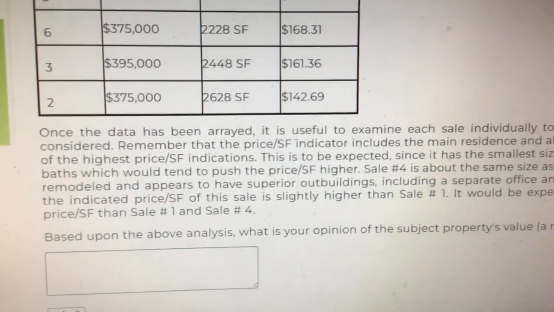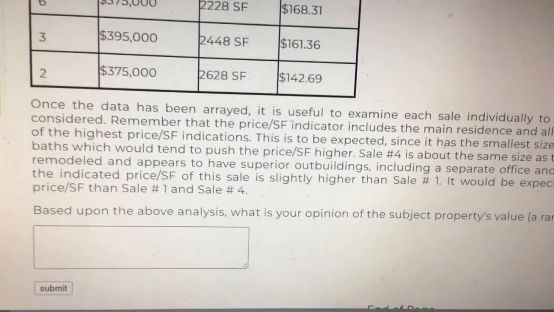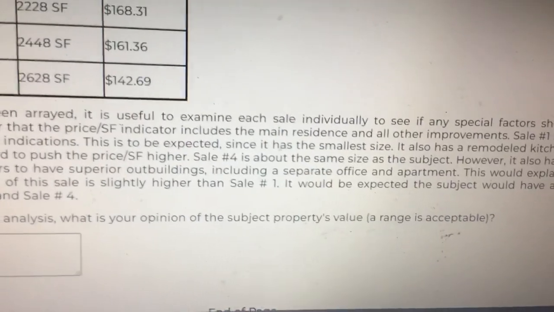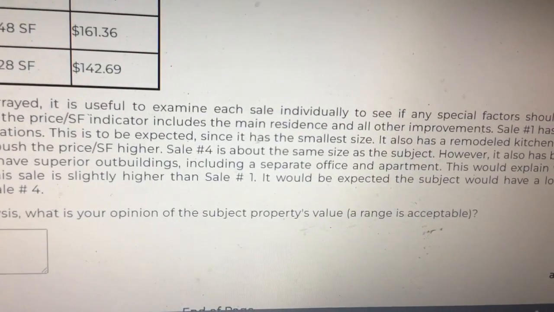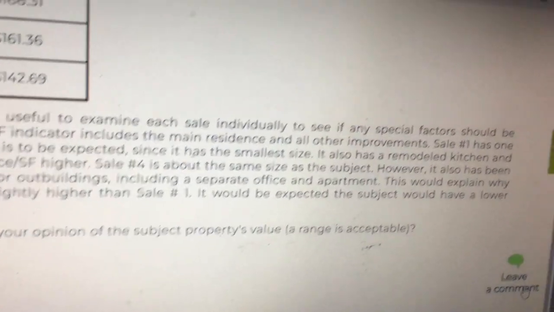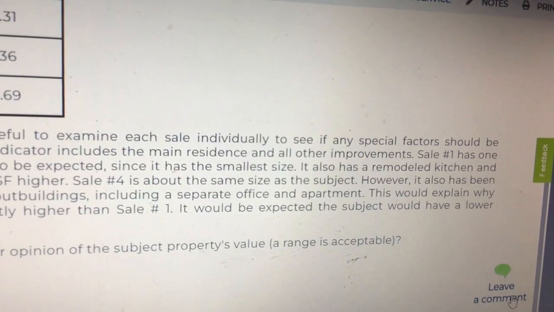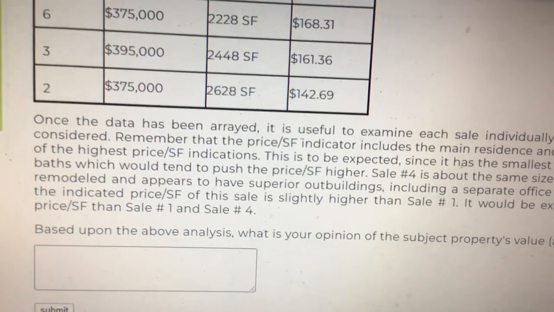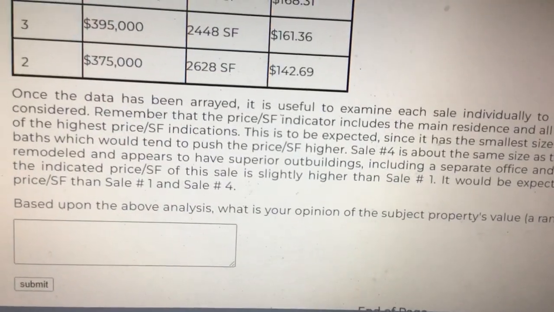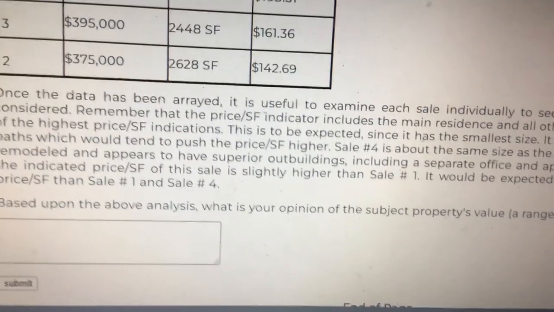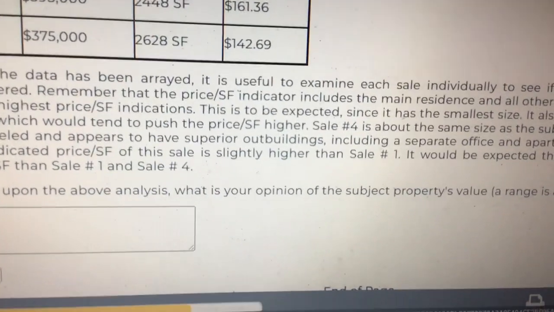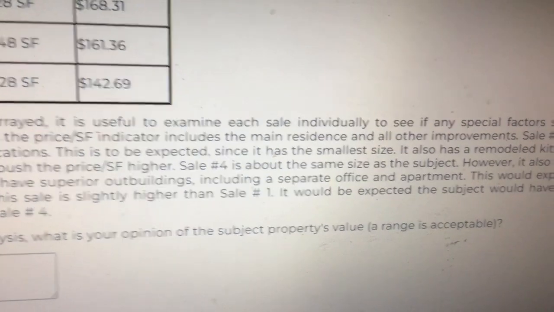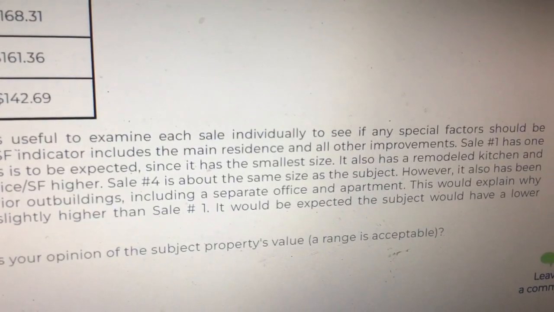Once the data has been arrayed, it is useful to examine each sale individually to see if any special factors should be considered. Remember that the price per square foot indicator includes the main residence and all other improvements.